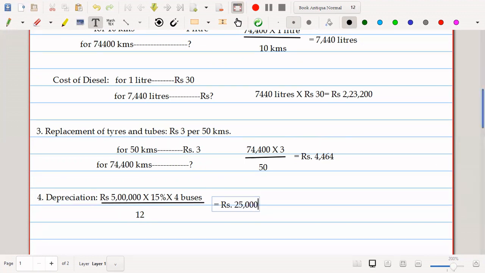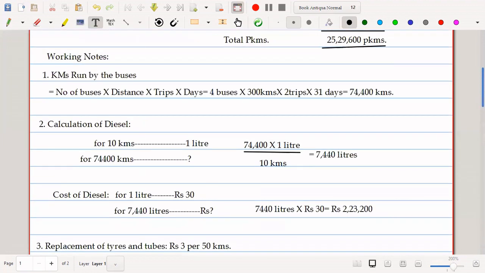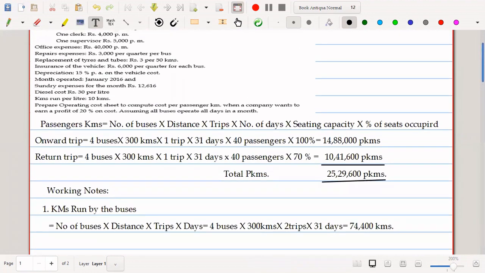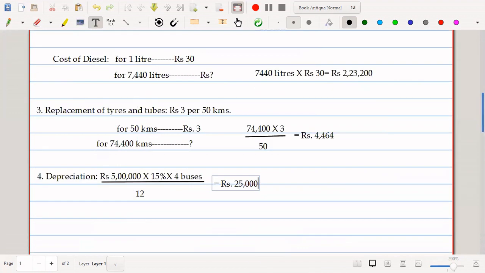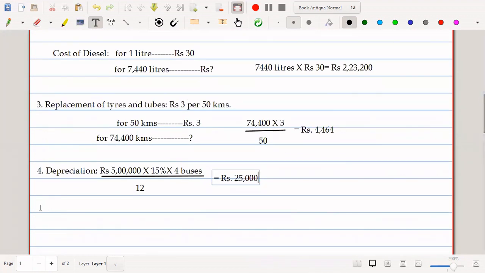And the last working note is regarding insurance. Let's see what's given regarding insurance. Insurance of vehicle rupees 6,000 per quarter for each bus. Quarterly they have given, and for each bus also they have specified.